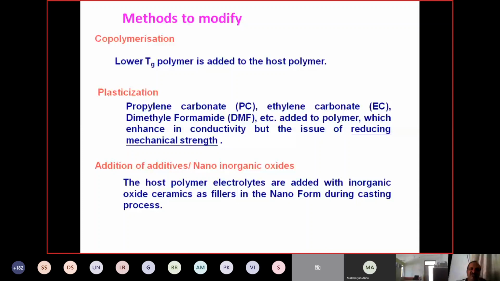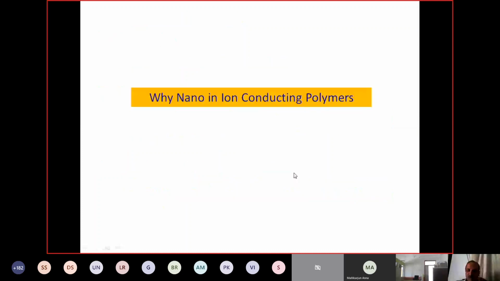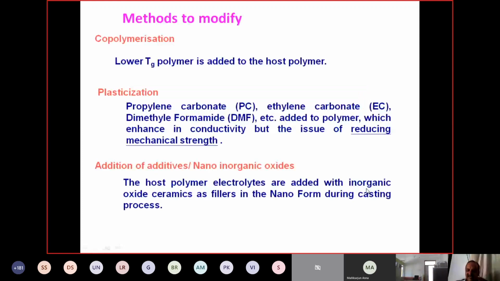That means the host polymer electrolyte is added with some inorganic oxide ceramic like SiO2, TiO2, Fe3O4, etc. We are adding nanoparticles to this. So why nano in an ion conductive polymer? Mainly to overcome this, we are using different methods: copolymerization, plasticization, and addition of additives like nano-inorganic oxides.